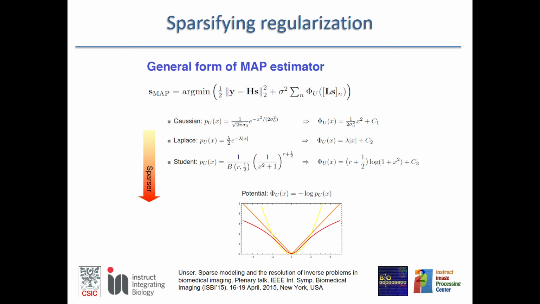So depending on what the probability distribution of your prior is, let's say that you have a prior on LS, where S is the object that you want to reconstruct and L is some transformation of that S. The prior on LS may be Gaussian, maybe Laplace, maybe a Student. So depending on your prior, you will have a different regularization term.